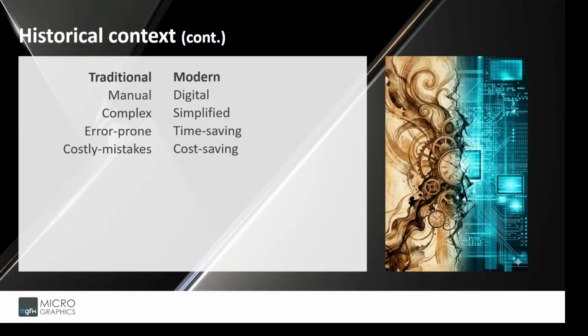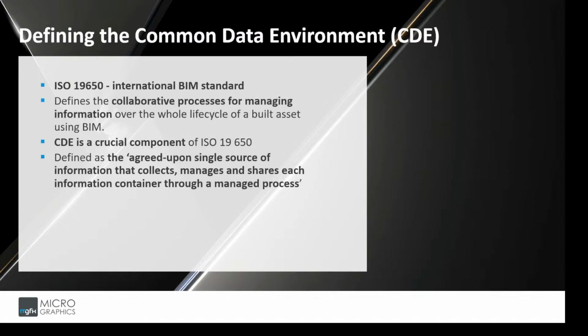And then also we found with traditional methods, it tends to be error prone in some aspects, but digital alleviates some of those challenges and also becomes a method for cost saving, especially when looking at clashes on site with different services from different project professionals.